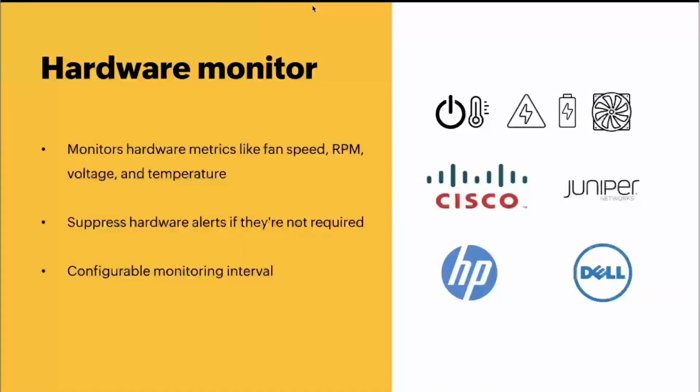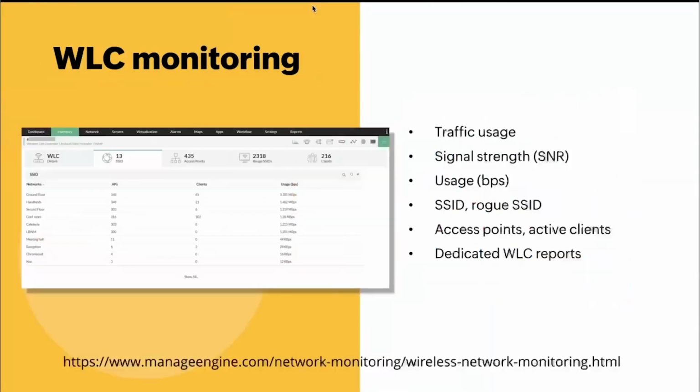Now, if you've seen hardware monitoring, let's go on to the WLC monitoring section. Wireless LAN controller monitoring is yet another licensed module inside OpManager that allows you to monitor all your WLCs across multiple vendors and gain in-depth information on traffic usage via wireless and wired network components, the signal strength, authorized and unauthorized Wi-Fi connections detected by your access points, which will be listed out as SSIDs and rogue devices.